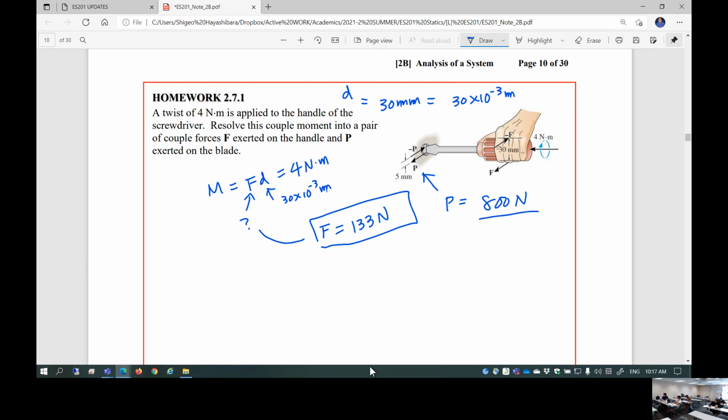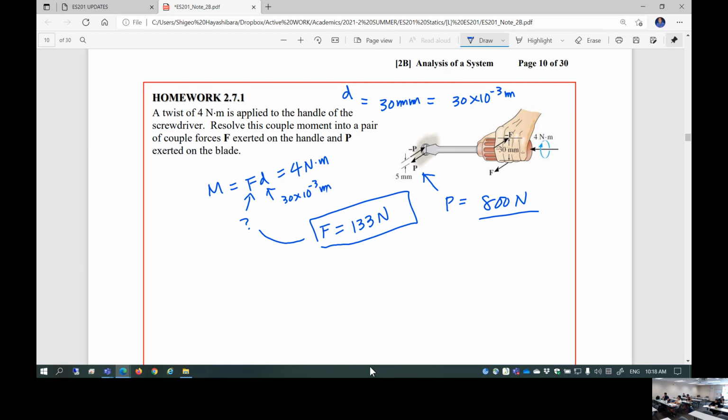So this is the mechanism of a screwdriver. You only have a hand to twist. You can only create 133 newtons, but using a screwdriver, you can apply 800 newtons of force applied to the screw. It's a couple moment.